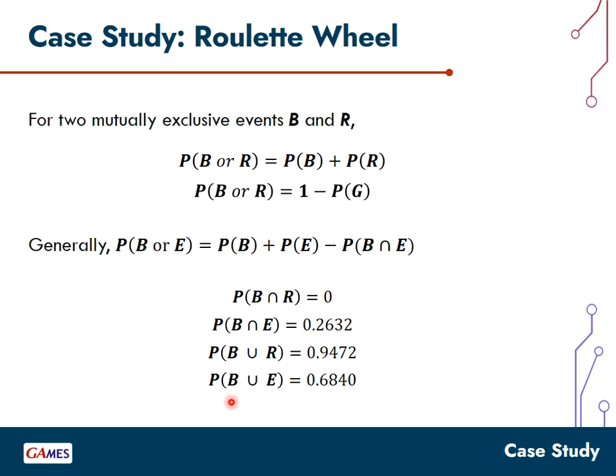If you're trying to place a bet on B or E, you already know what the odds are, the information is available, but the probability you're calculating is irrespective of any other type of event. If you're placing a bet on B or E, you are placing it without knowledge of the outcome B or R, or even just B itself or E itself.